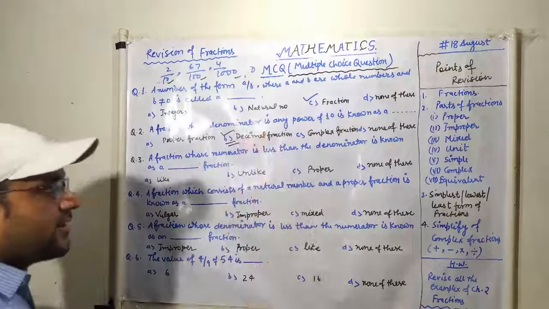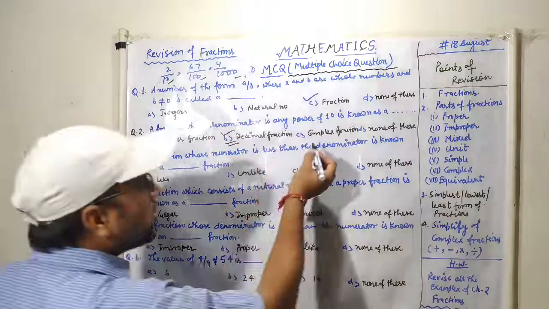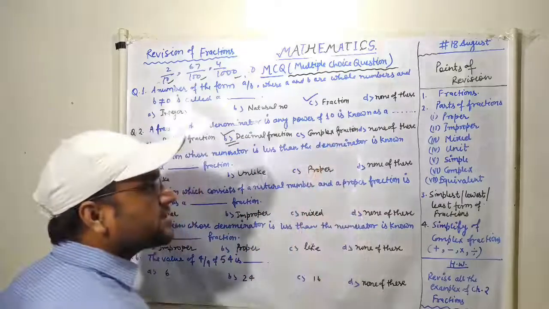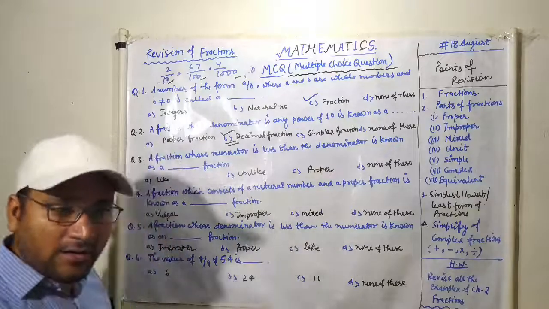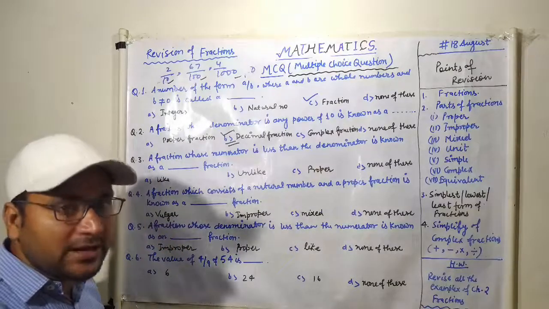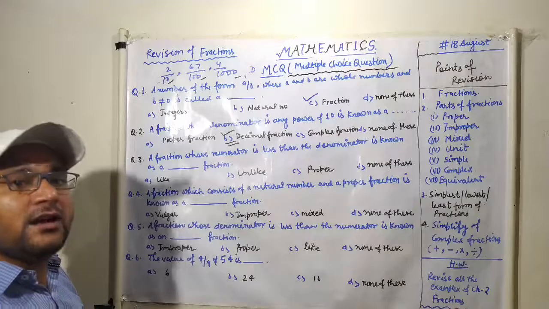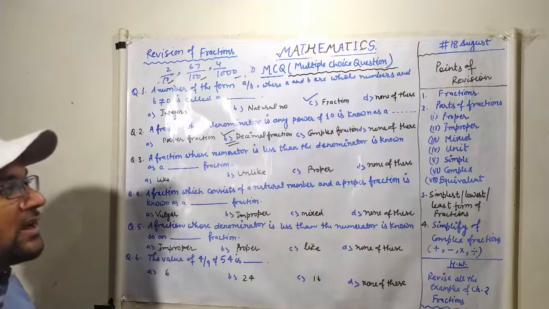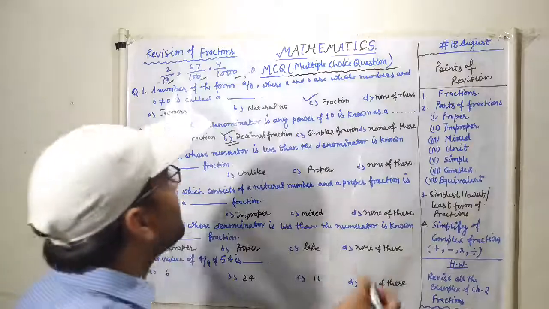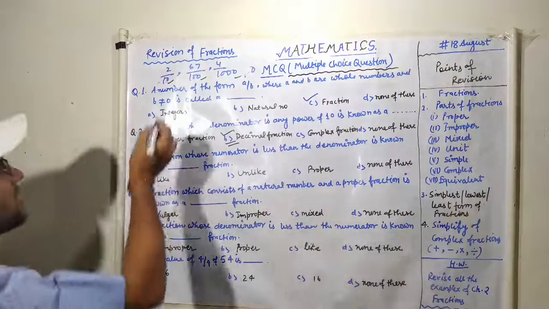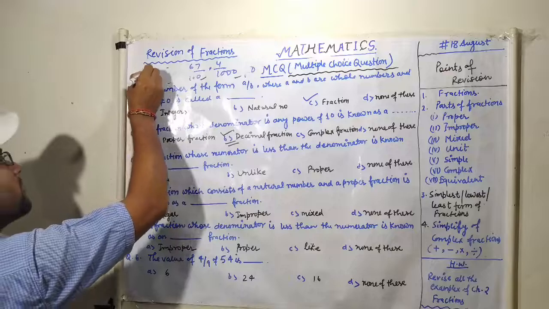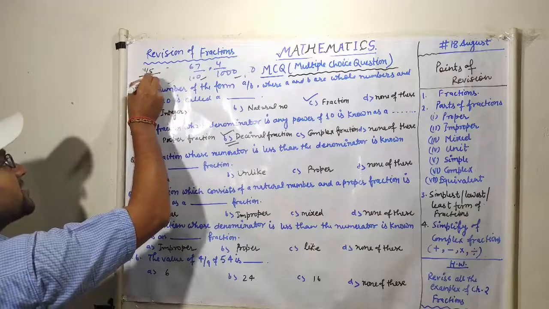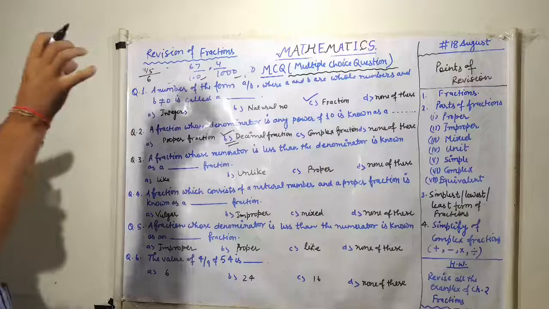Option B. Okay. Now you know about the complex fraction: a fraction in which the numerator or denominator, or both numerator and denominator, contain a fraction is known as a complex fraction. I will show you with this example, like 4 upon 5 upon 6, the numerator itself contains a fraction.